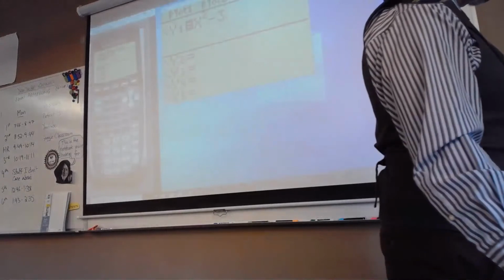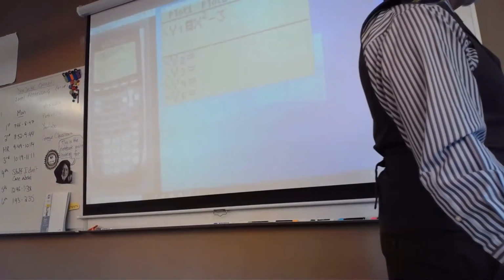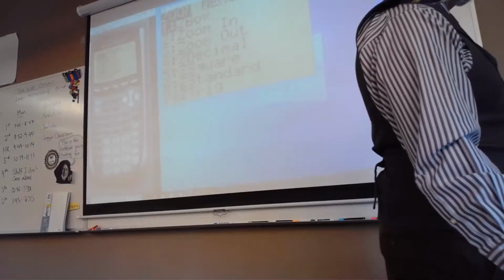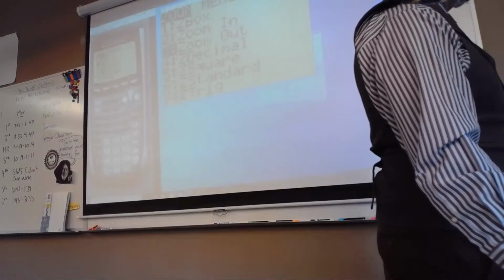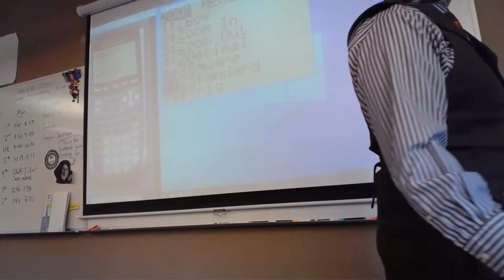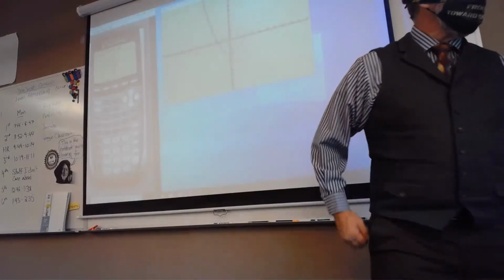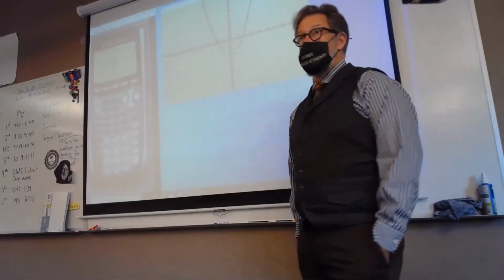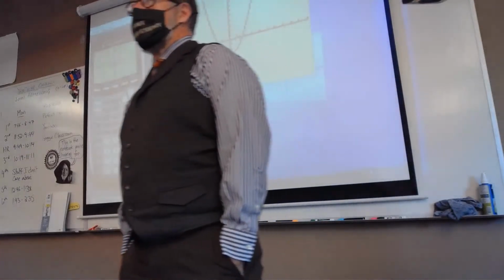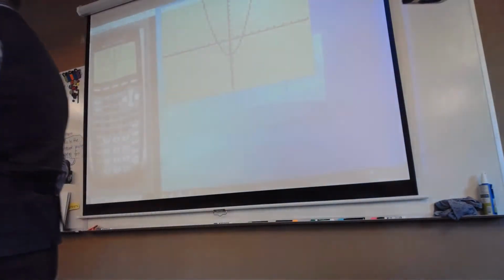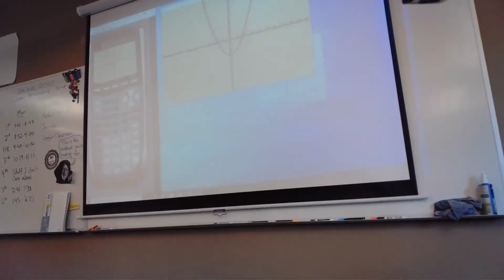Option number 6 will give you a 10 by 10 by 10 by 10 graph. You can either scroll down and hit enter, or just push number 6. There's a 10 by 10 by 10 by 10 graph with the equation y equals x squared minus 3 graphed right on it.